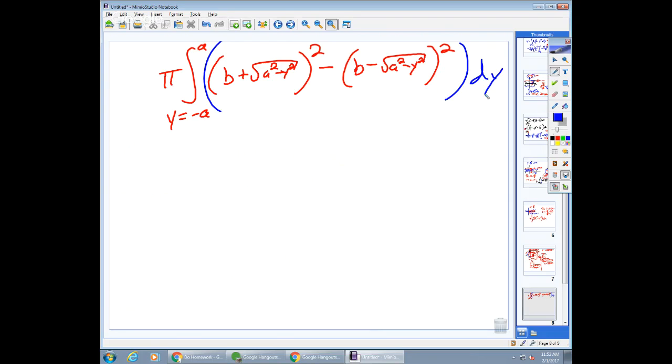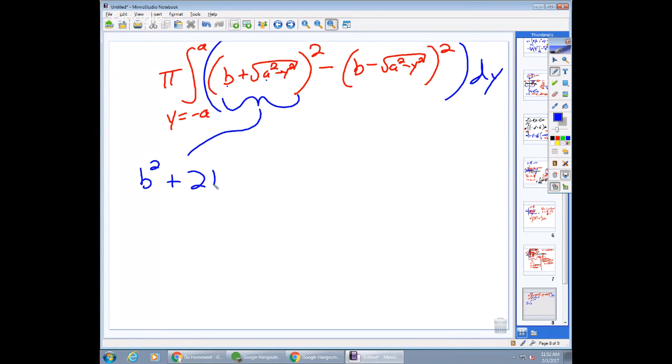And before we can find an antiderivative, guess what we're going to have to do? We're going to have to square out each piece. Let me just show you what this one's going to look like, and then we're out of time, so we're going to have to stop. If you multiply that by itself, you're going to get a b squared plus 2 of the product of those guys.